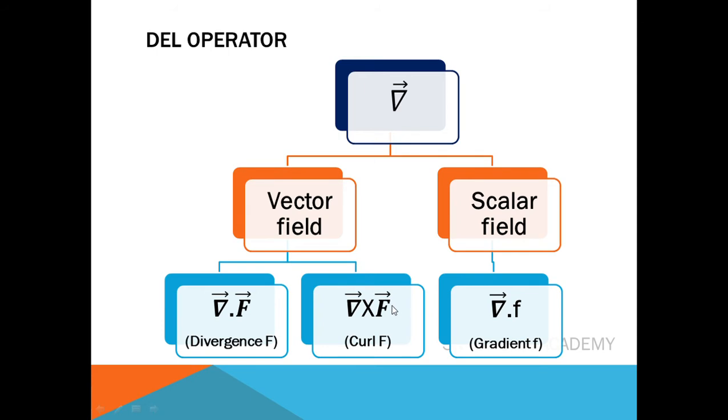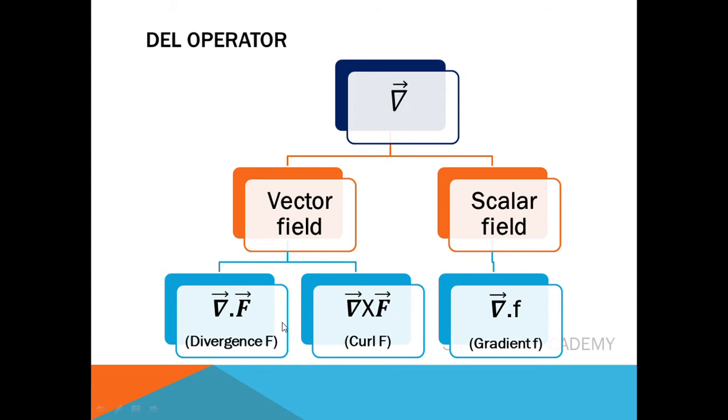In these two, one is the dot product of del and vector f, and the other is the cross product of del and f vector.